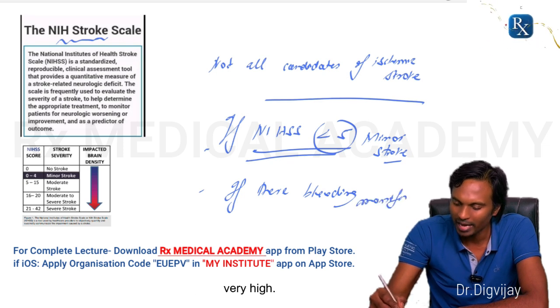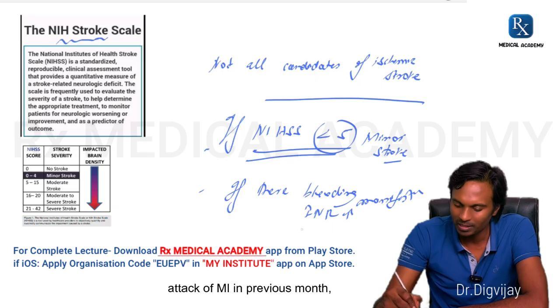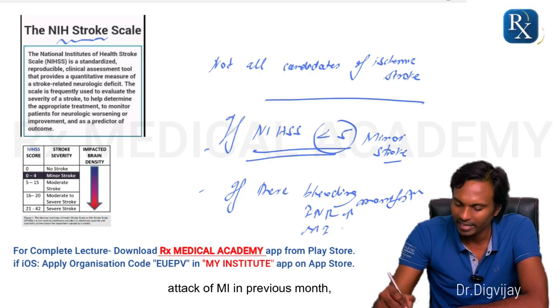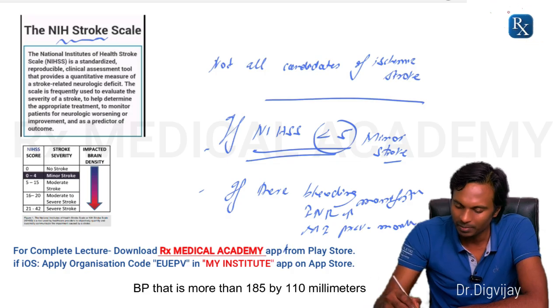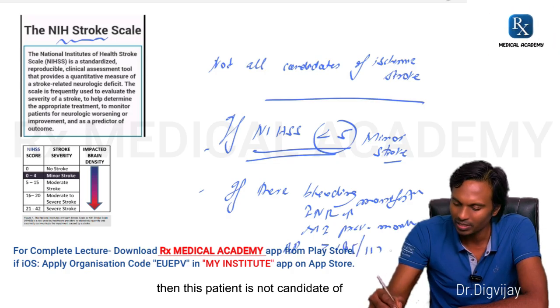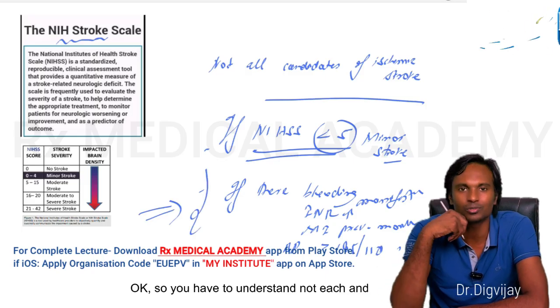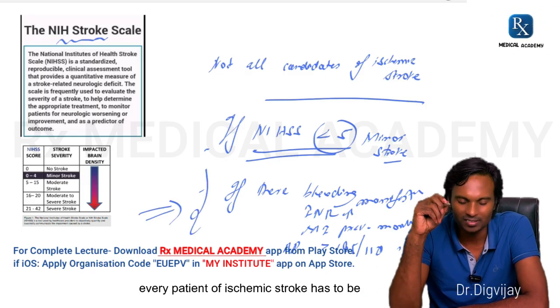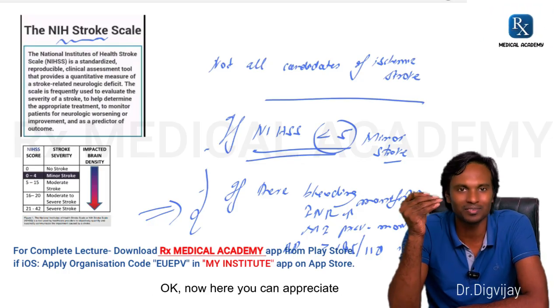For example, INR of this patient is very high, or this patient has had an attack of MI in the previous month, or this patient has very high BP, that is more than 185 by 110 millimeters of mercury. Then this patient is not a candidate of thrombolysis. So you have to understand, not each and every patient of ischemic stroke has to be given thrombolytics.